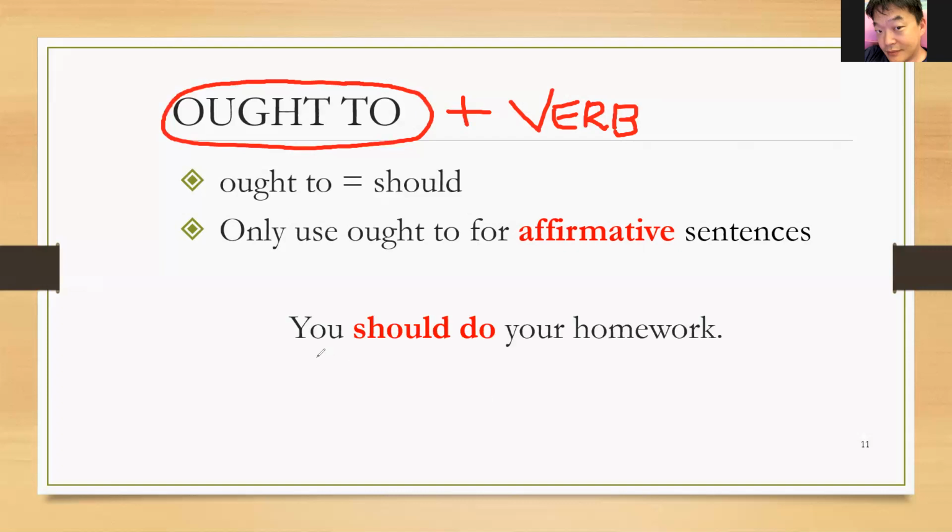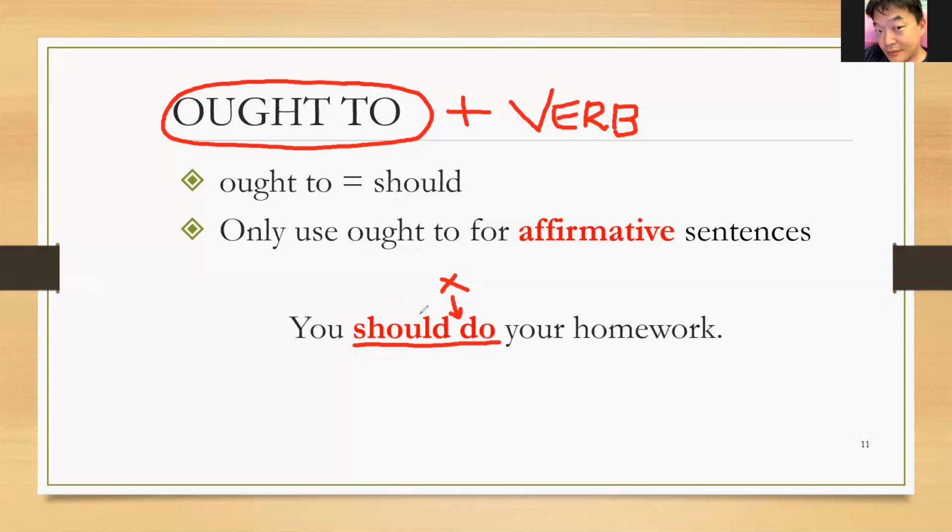An example: you should do your homework. Do your homework is a good idea. Should is a helper verb. That's why you have nothing here in the middle. You have no to, nothing, because this is supposed to be together. So these two verbs are together. So that's why you don't use any other helper verb when you change to a negative or interrogative statement.